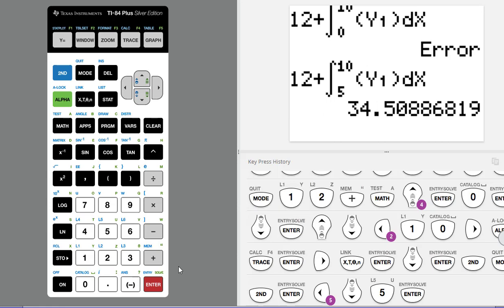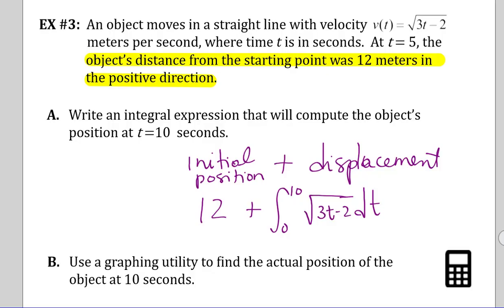So 2 things. I want to go back and change what I wrote here. Okay, we're not going from 0 to 10, but 5 to 10, because they gave us the position at t equals 5.